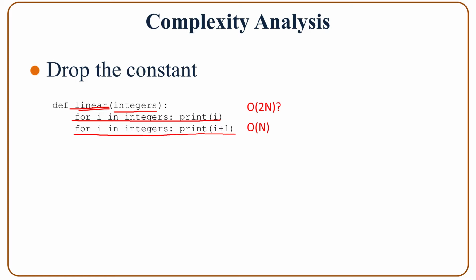Are we going to write the time complexity O of 2n? The first principle is to drop the constant. So if you have 2n or something times n, you drop that constant. And so the time complexity is O of n, and that's it.